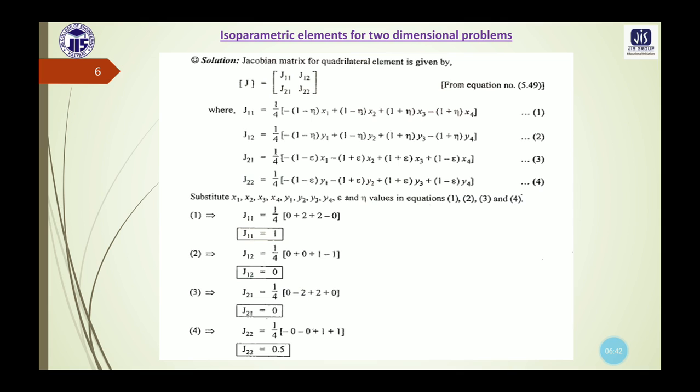The value of J11 equals 1. Next, the formula for J12 is given here as equation number 2. Now in this formula, if we put the value of eta and y1, y2, y3 and y4, that means the y coordinates of the four different nodes of the quadrilateral element, we will get the value of J12 as 0.